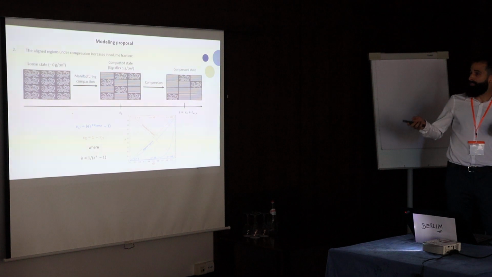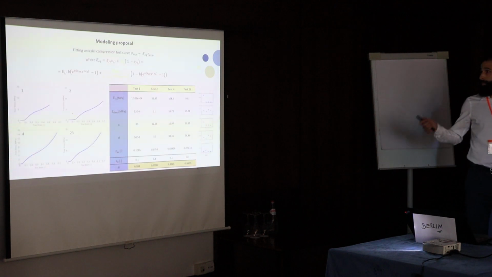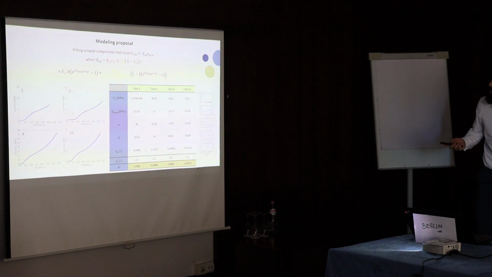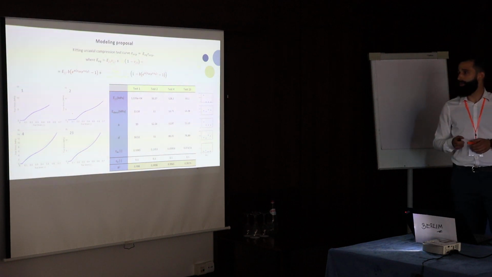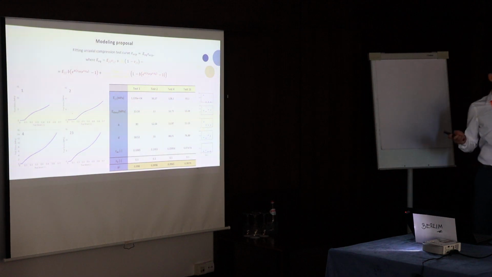That means that the volume fraction of the aligned region increases over the compression, and we can describe it with an exponential expression. Putting it all together with a simple rule of mixtures, we can fit the experimental stress-strain curve.